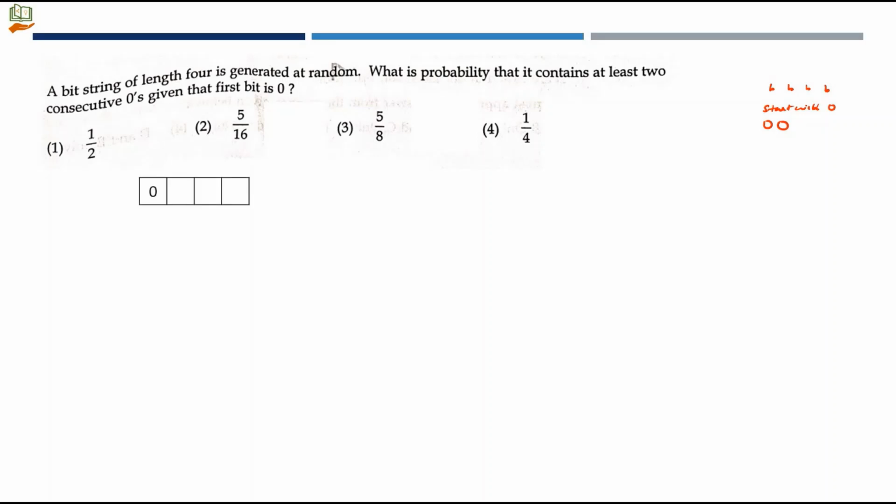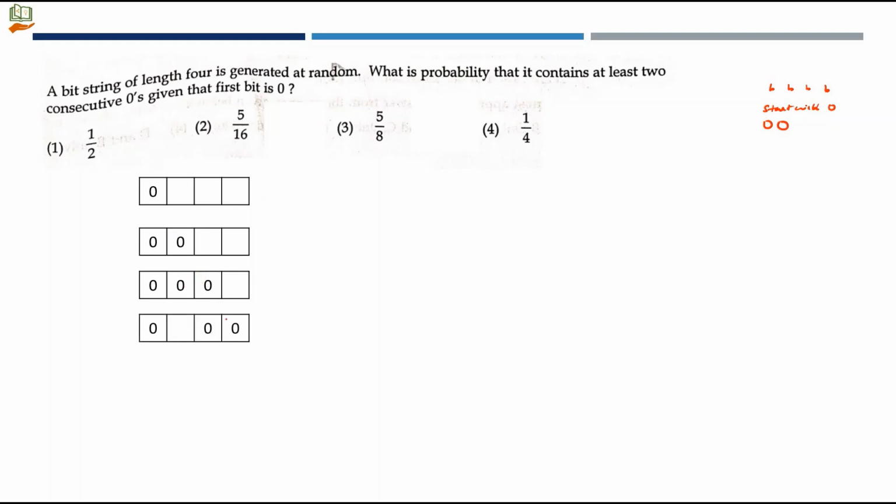So starting with 0 means any string having 0 in the first place should be selected. What are the combinations of consecutive zeros? The 2 consecutive zeros can be in the starting, it can be in this order, it can be in this order too. You can check here, it is starting with 0 and it is having 2 consecutive zeros this way and 2 consecutive zeros this way.